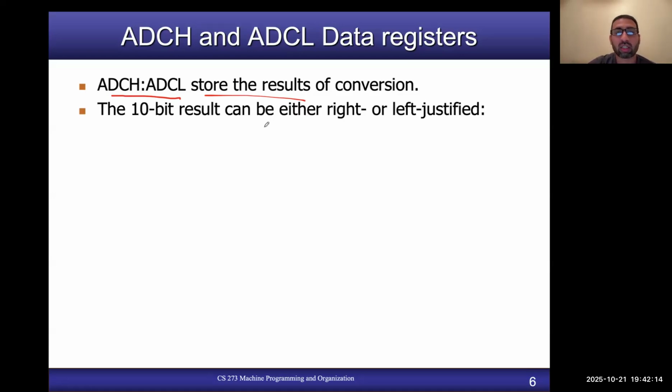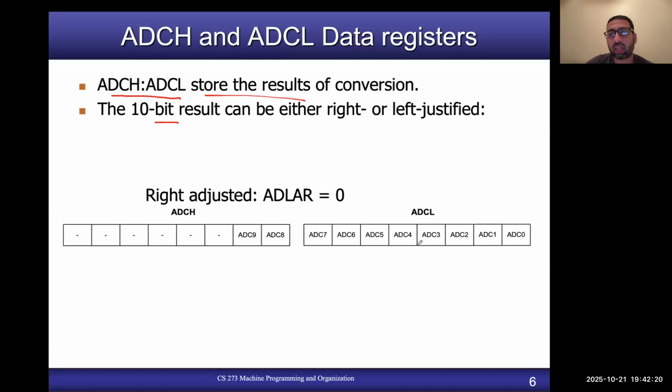The 10-bit result can be either right or left adjusted. What does it mean? Here you have these two registers in graphical form, ADCL and ADCH. You have a bit named ADLAR, the ADC left adjust bit. This bit is in the control register, which we will see in a minute.